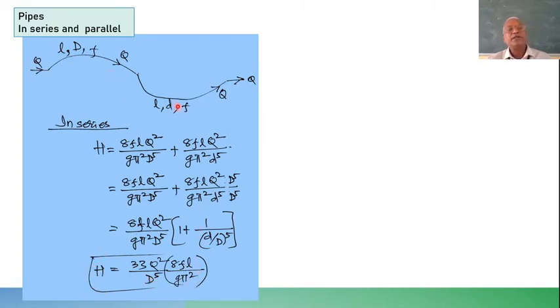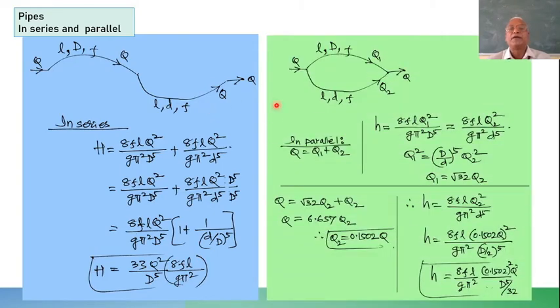Now if you arrange these pipes in parallel, okay, here they are in parallel, length L, capital D, lowercase letter d, f, f. The entering discharge is Q, the outgoing discharge is Q, but how much flows in each of the pipes we don't know.